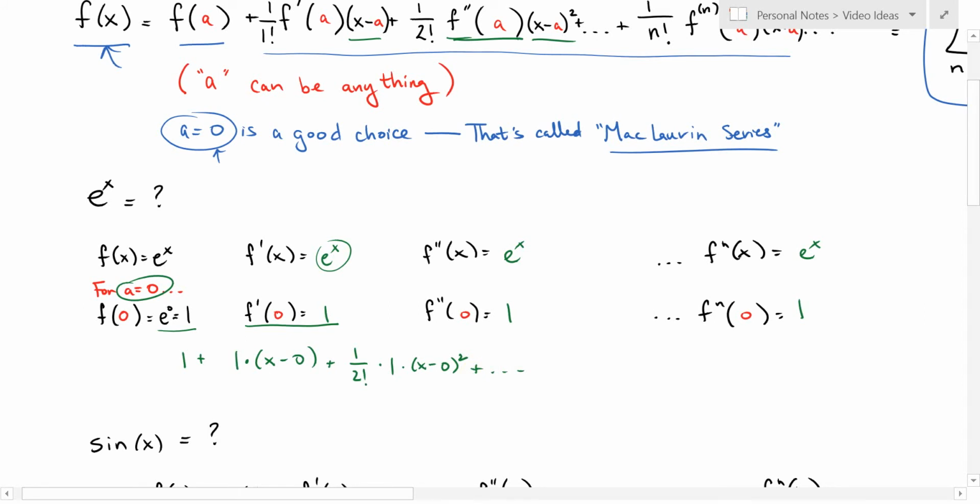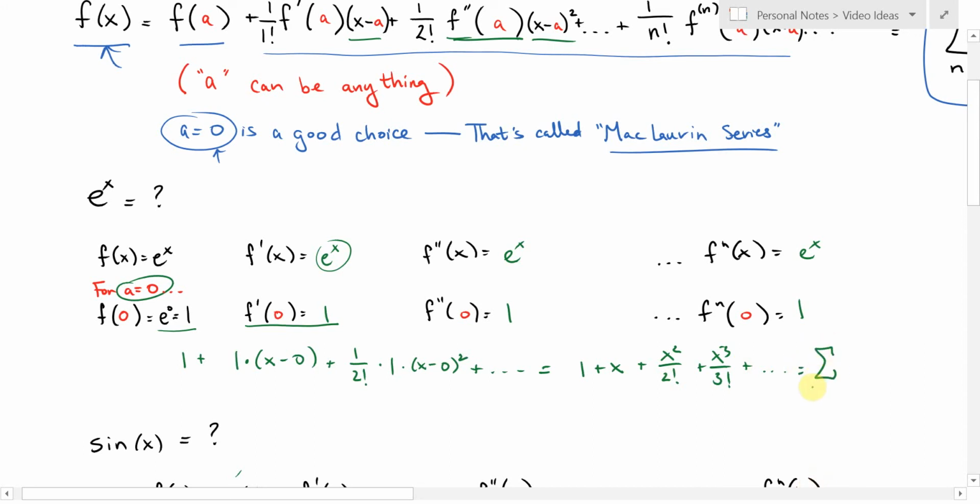So just simplifying this out, ignoring these 1s that I'm multiplying by, eliminating the 0, just cleaning it up, this ends up looking like 1 plus x plus x squared over 2 factorial plus x cubed over 3 factorial, and so on. It's just x to the n over n factorial. So I'll write it down.